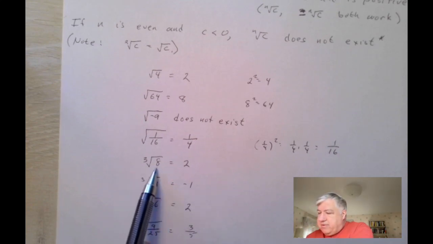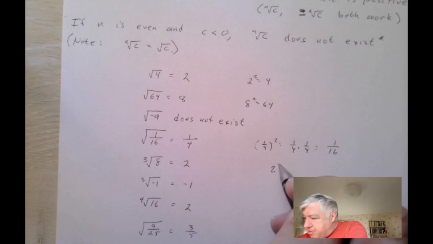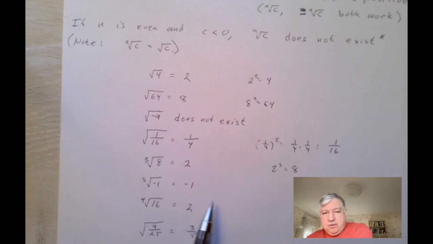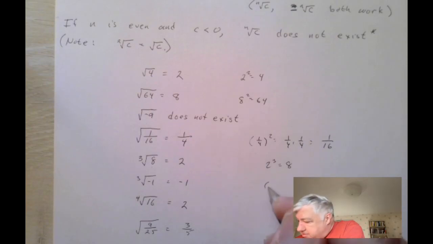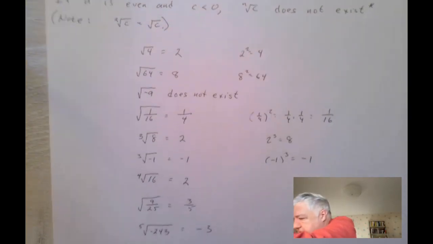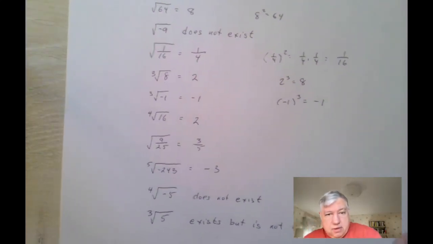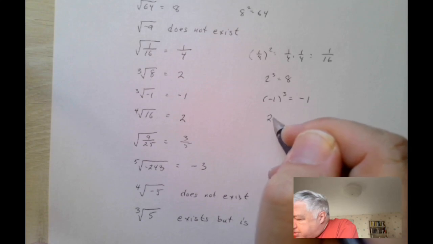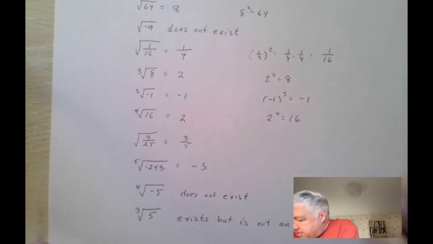The cube root of 8 is 2 because 2 to the 3rd is equal to 8. The cube root of negative 1 is negative 1 because negative 1 cubed is equal to negative 1. The 4th root of 16 is 2 because 2 to the 4th is 16.